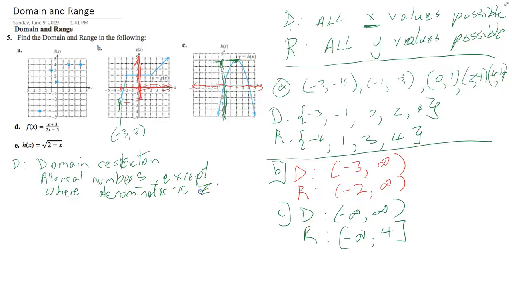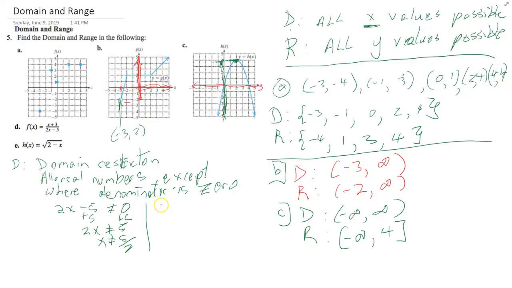That means 2x minus 5 cannot be equal to 0. So it's everywhere except 2x minus 5 is equal to 0. So we solve for x in this case, plus 5 plus 5. So that's where 2x is not equal to 5. So that's where x is not equal to 5 over 2. So that is all real numbers except where x is equal to 5 over 2. Or you can say x is not equal to 5 over 2.